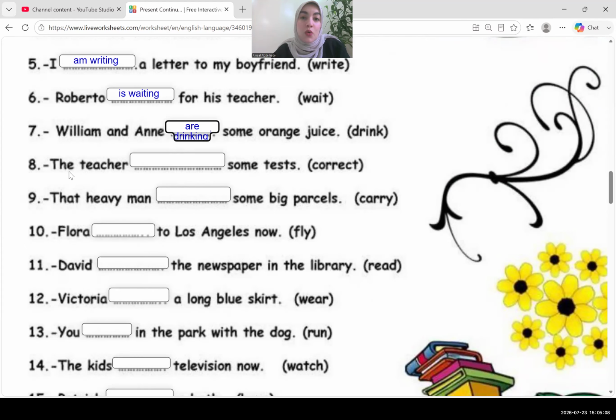Is it a singular or plural noun? The teacher is a singular noun, so it takes is. The teacher is correcting. That heavy man is carrying some big parcels. So that heavy man is a singular noun. It must take is, carrying.